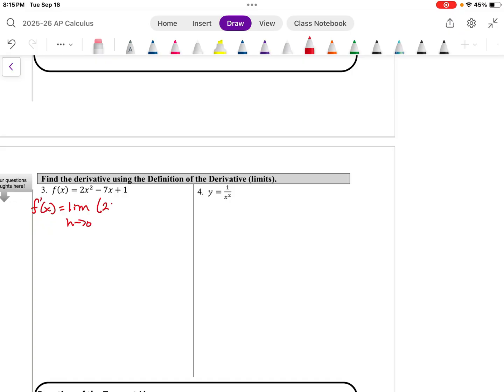So it's 2 times the quantity x plus h squared, minus 7 times x plus h, plus 1. Then we're supposed to subtract the original function. So back off the original function: parenthesis 2x squared minus 7x plus 1.